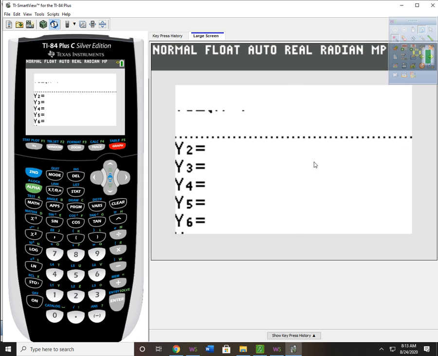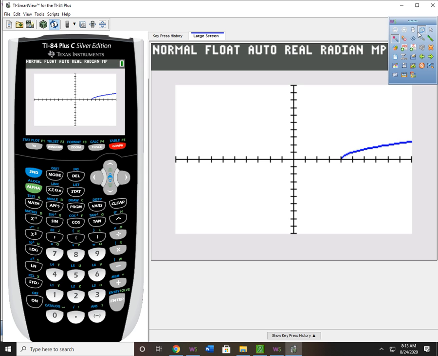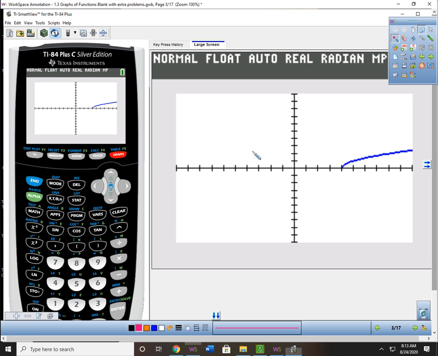All right, so when we talk about domain, you're talking about how far to the left does this start. If you're looking at this right here, there's no graph, no graph, no graph. My graph starts right here. So I'm starting at 1, 2, 3, 4, and then my graph is going to go.